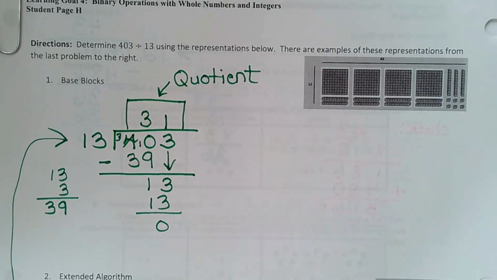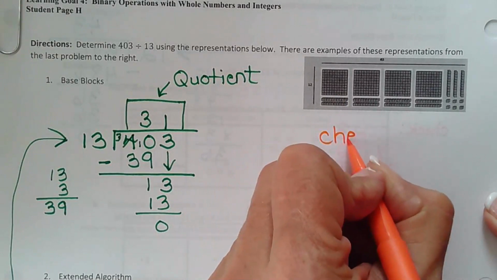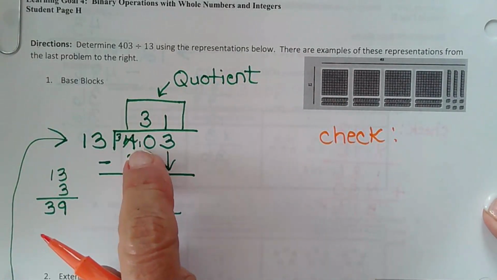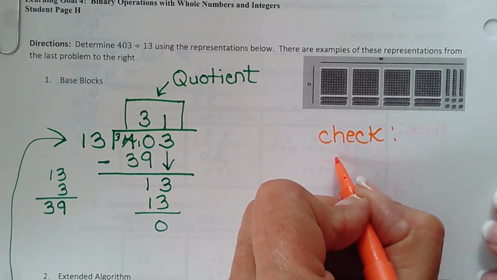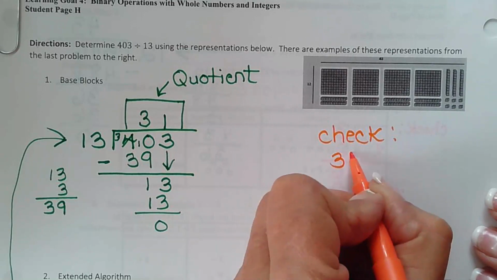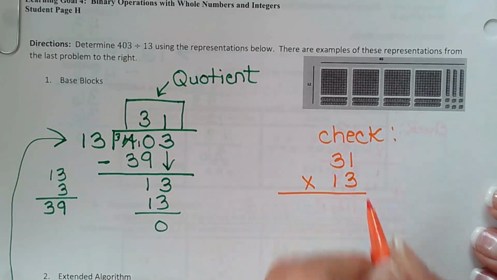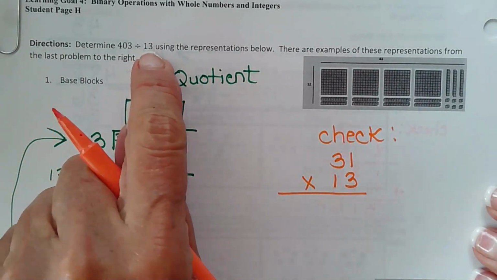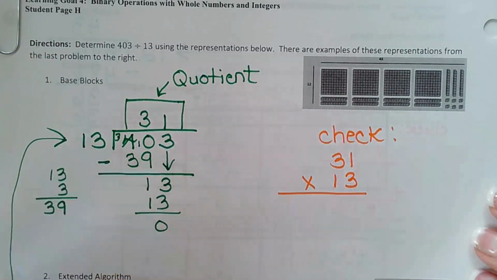And then we can come over here and do the check. So we check division by multiplying. Is 31 times 13 going to give me 403? Well, let's see. So 31 times 13, and order doesn't matter, by the way. In division, it does. The second number is always the number on the outside, so that has to be there.